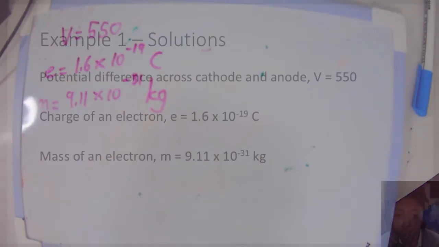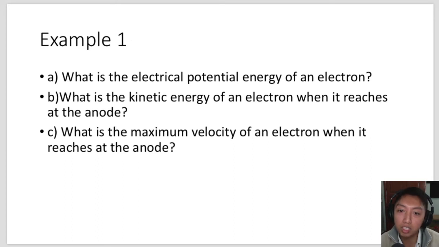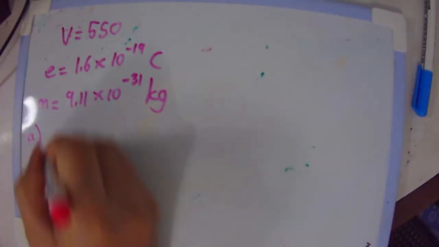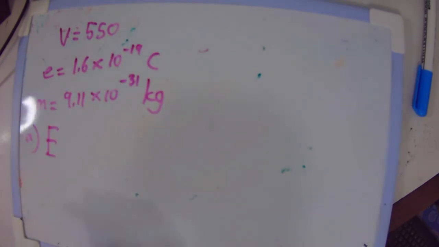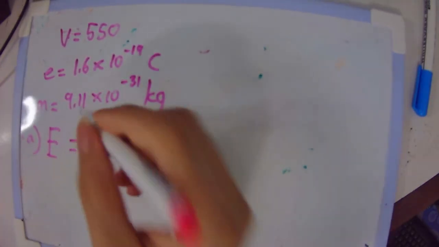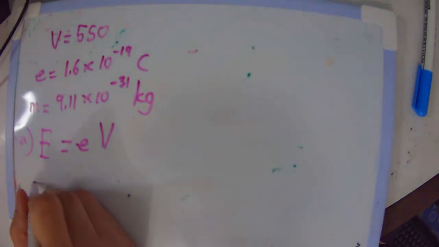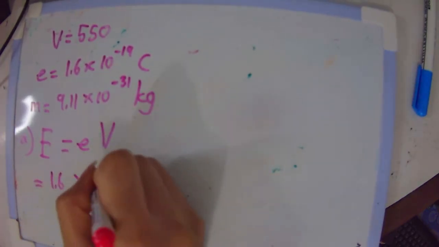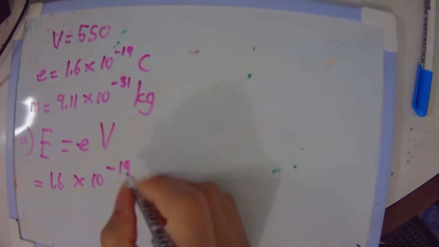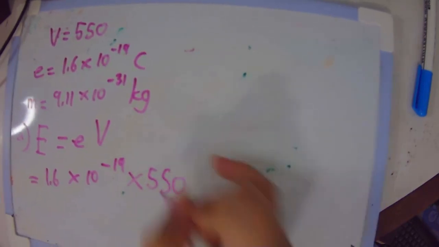Alright, so question number 1 is asking, what is the electrical potential energy of an electron? So what is the formula for electrical potential energy? We saw it earlier. So for question A, electrical potential energy, capital E, equals small letter e times the voltage. Just put all the information in the question: 1.6 times 10 to the negative 19 times 550 volts.